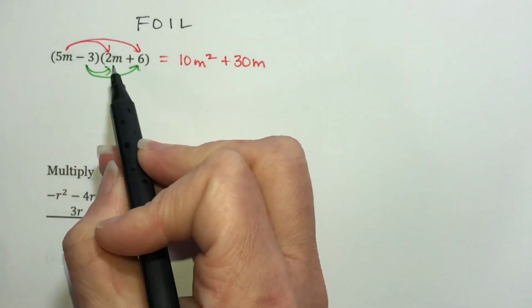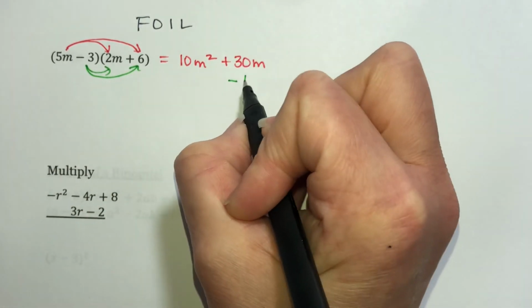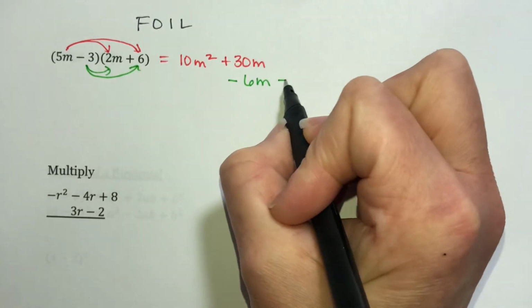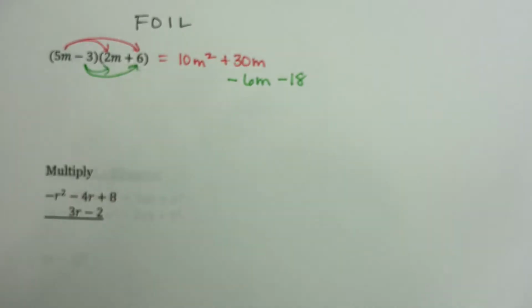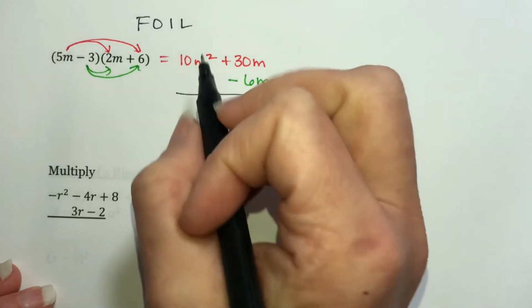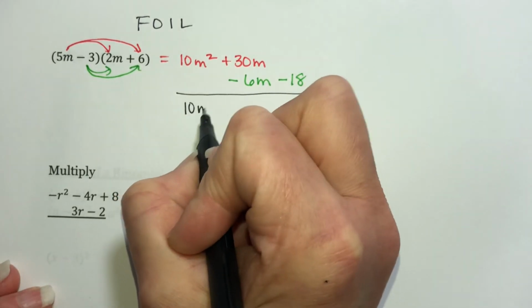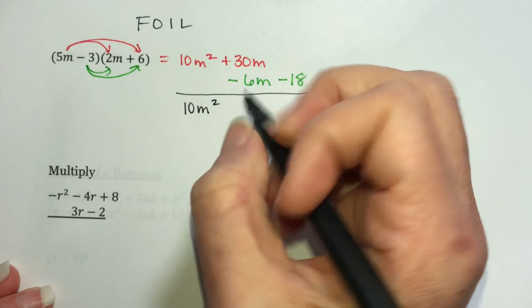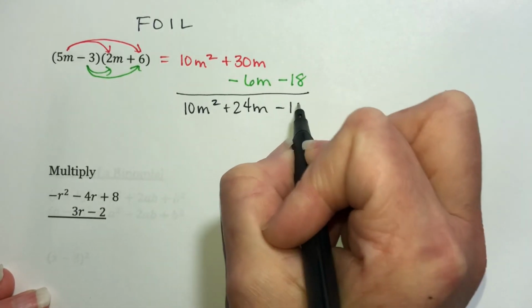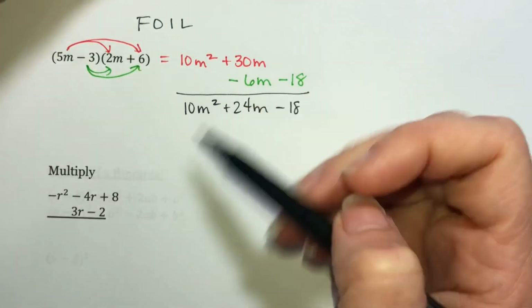Negative 3 times 2m is going to be a negative 6m. And then negative 3 times 6 is minus 18. Okay. Now if we add these together, I get 10m squared plus 24m minus 18. Okay, now, so that's your answer.